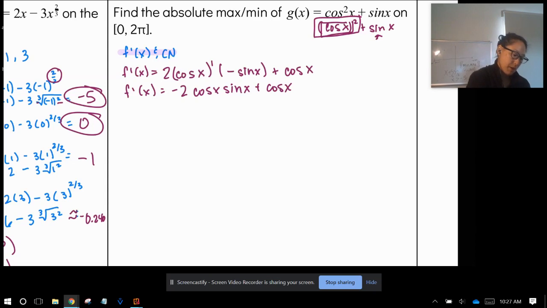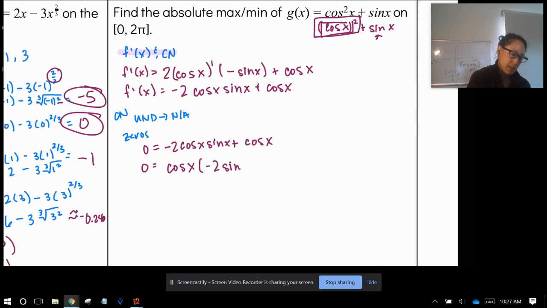And now we're going to find our critical numbers. Nothing makes cosine or sine undefined, so I don't have to worry about undefined values. But zeros, yeah, we got to do those. So 0 is equal to -2 cosine x sine x plus cosine x, and I'm going to use the zero product property here, factoring out cosine x, giving me -2 sine x plus 1.